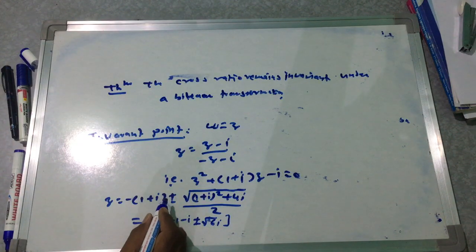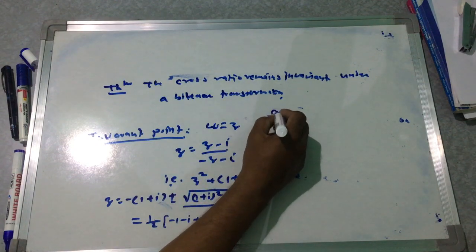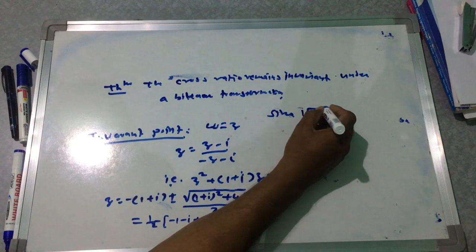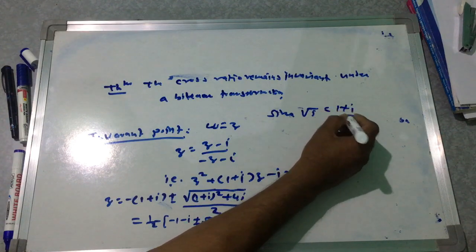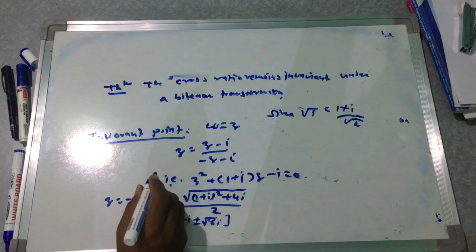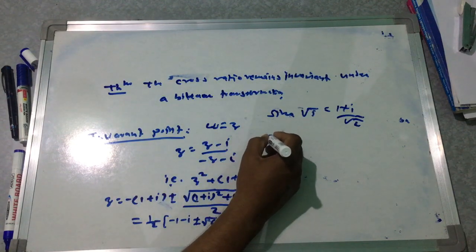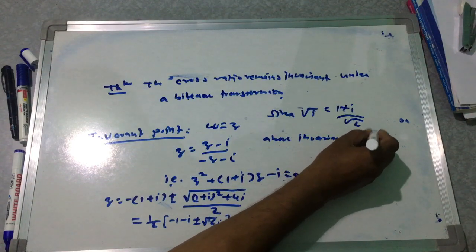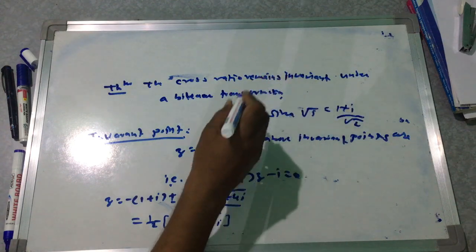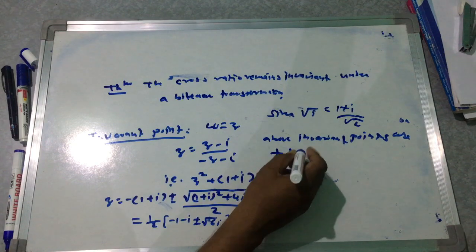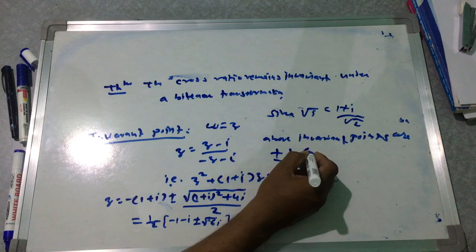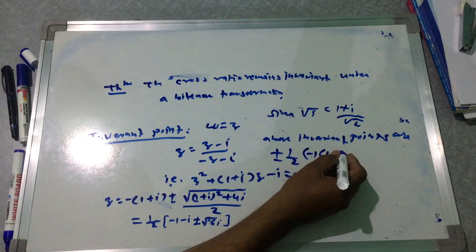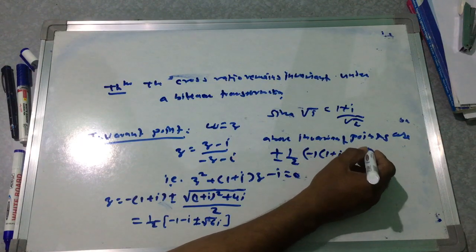So this is the point, and since root I is equal to (1 plus I) upon root 2, the above invariant points are plus or minus 1 upon 2 into minus 1 into (1 plus I) plus or minus root 6.